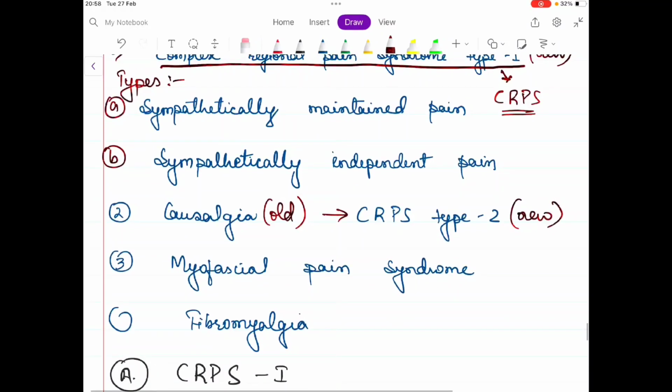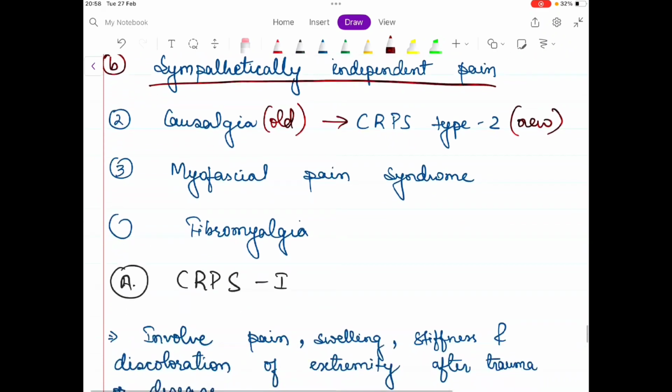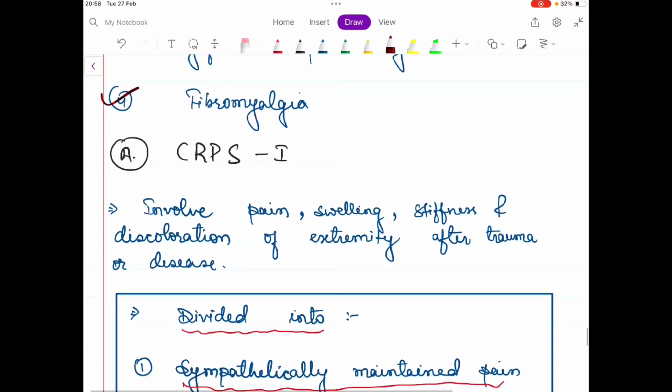It is again of two types, sympathetically maintained pain and sympathetically independent pain. The second syndrome is causalgia, which is again an old name. The new name for causalgia is CRPS type 2. The third one is myofascial pain syndrome, and the fourth one is fibromyalgia. Let's discuss these one by one.